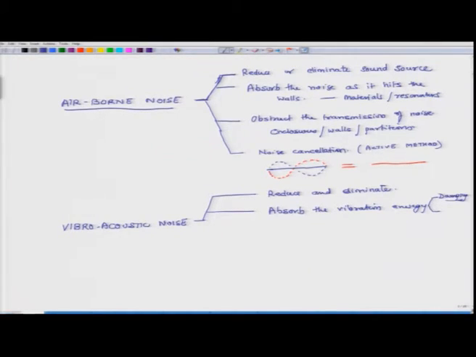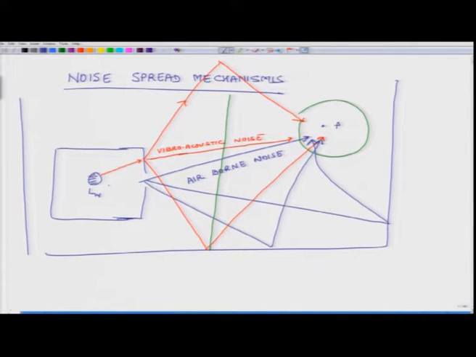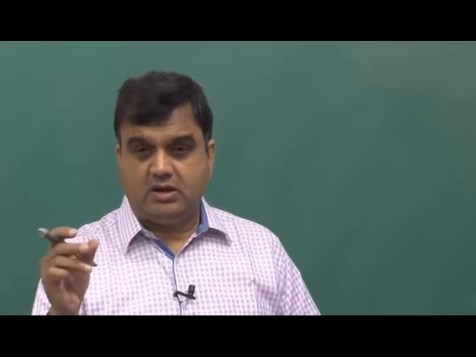Suppose I have a sheet metal object and it is vibrating, and I replace that sheet metal by, let us say, some plastic, designed in such a way that it has the same stiffness and everything else, but plastics have a lot of damping. So when the object vibrates back and forth, especially at its resonance, it will suck in the energy of the vibration and convert it into heat.